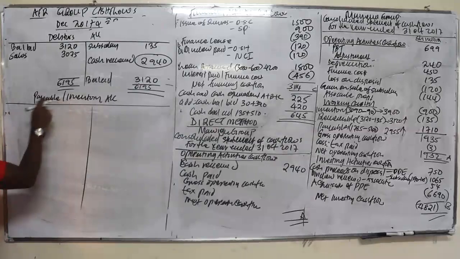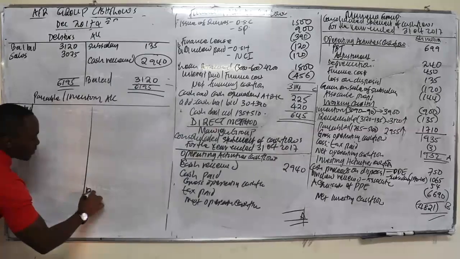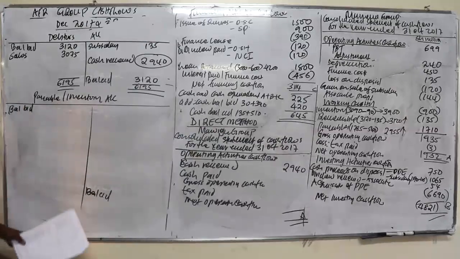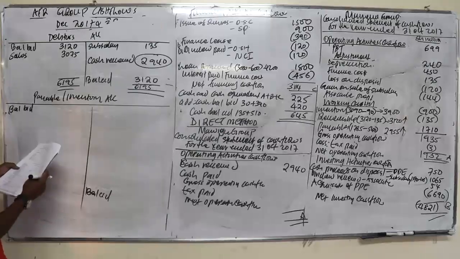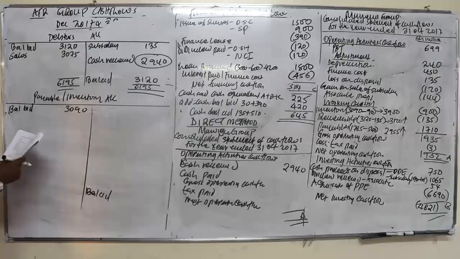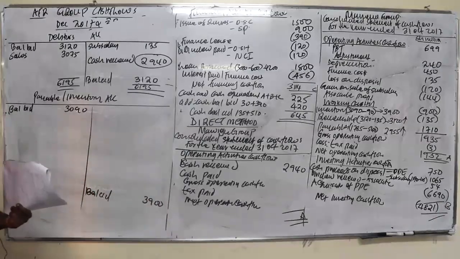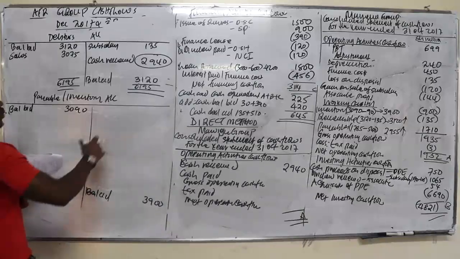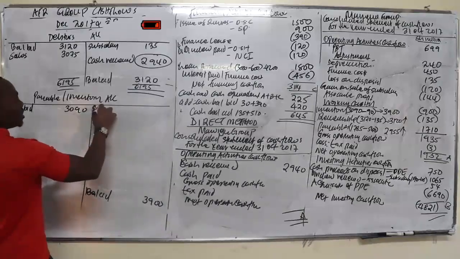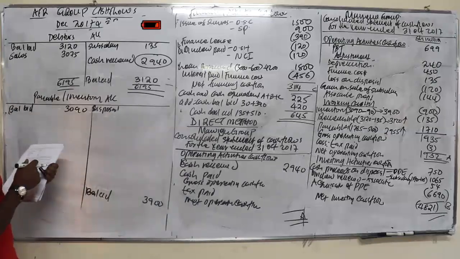Inventory is an asset, so its balance brought down is on the debit side, balance carried down. How much was the opening balance for inventory? That 90, and the closing balance is that 9. Then we disposed a subsidiary. What will happen to inventory? We reduce. So disposal. How much was the amount disposed? 90.